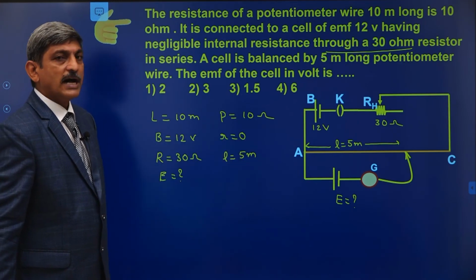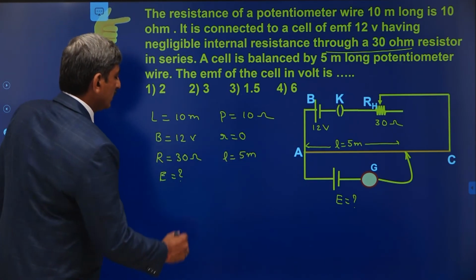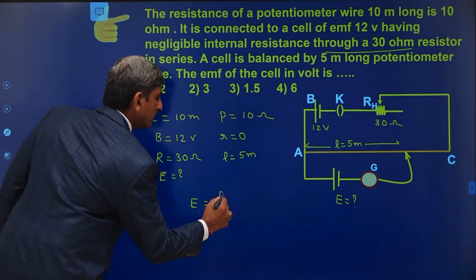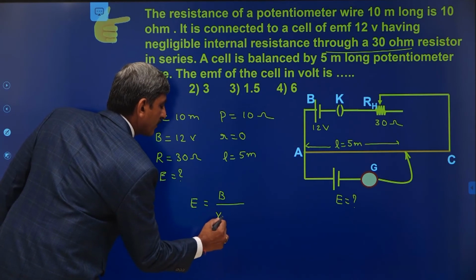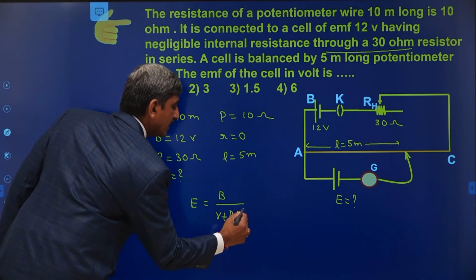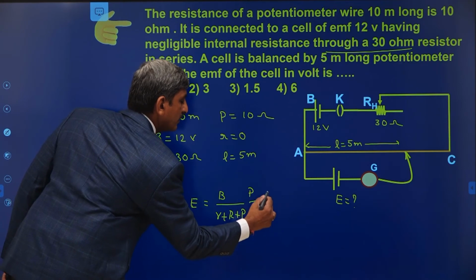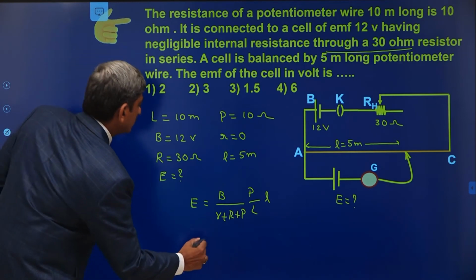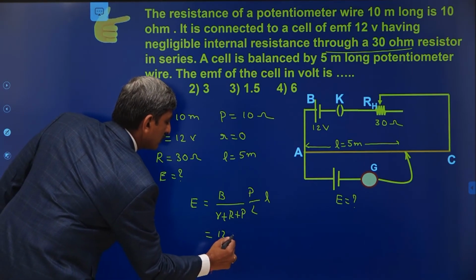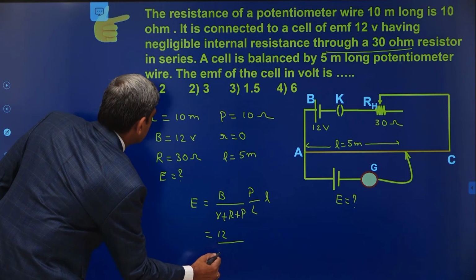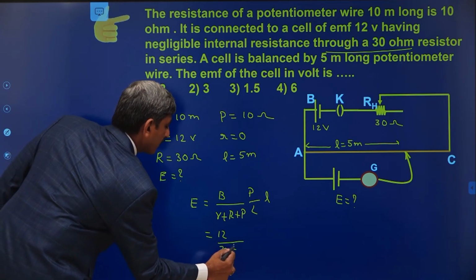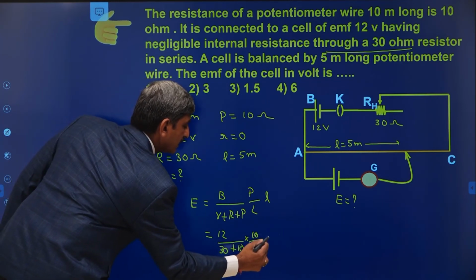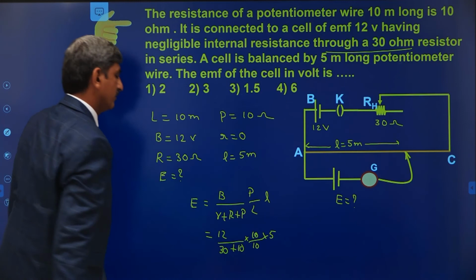Already we know that under the balancing conditions of the potentiometer, the EMF of the cell connected in the secondary circuit is given by E is equal to E by (R plus r) into (P by L) into L. So by substituting the values, we have 12 divided by (0 plus 30 plus 10) into (10 by 10) into 5.